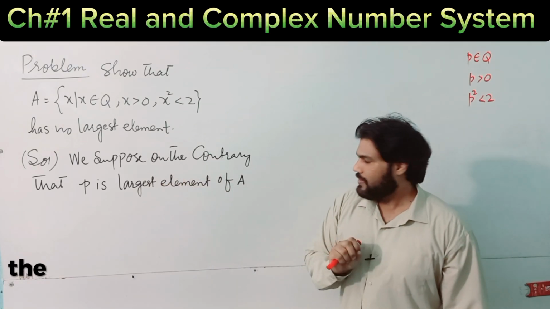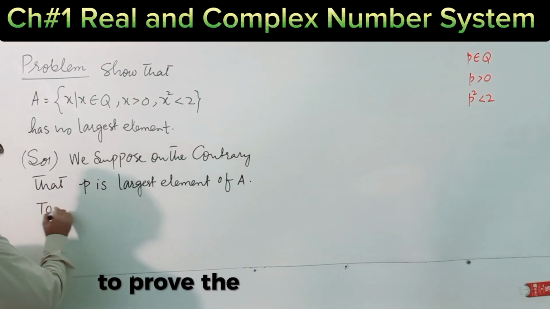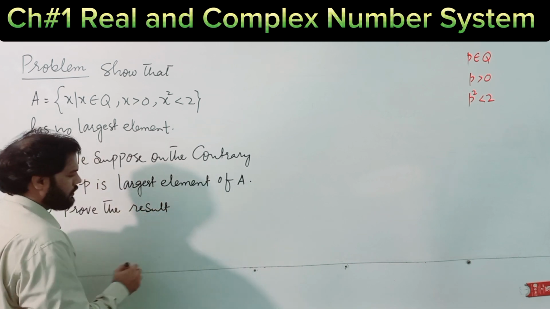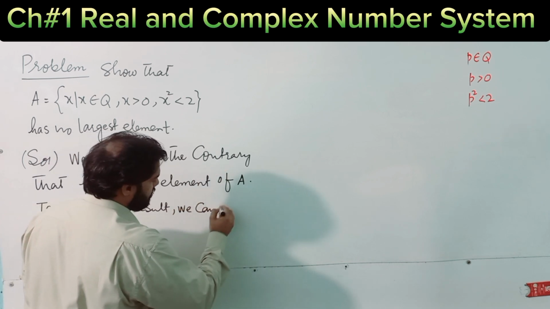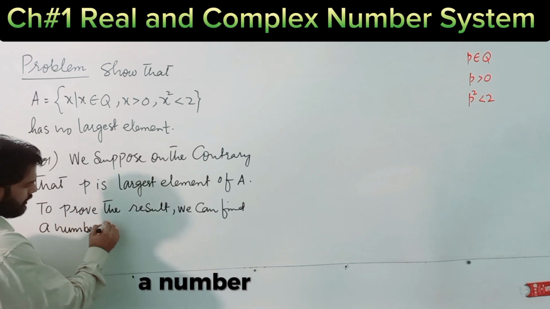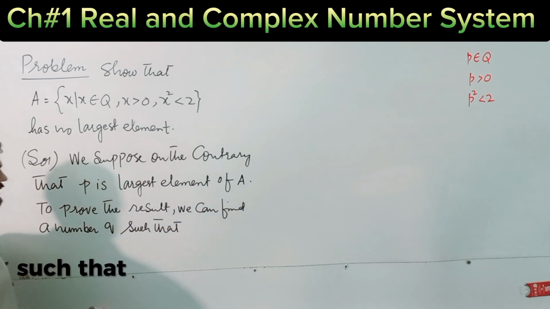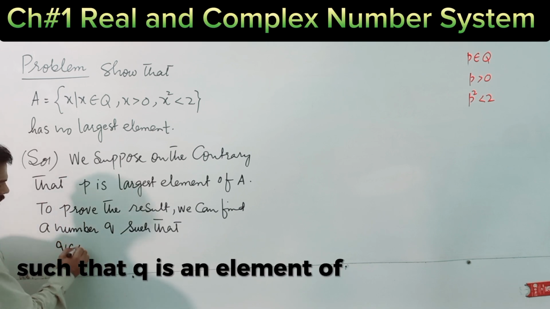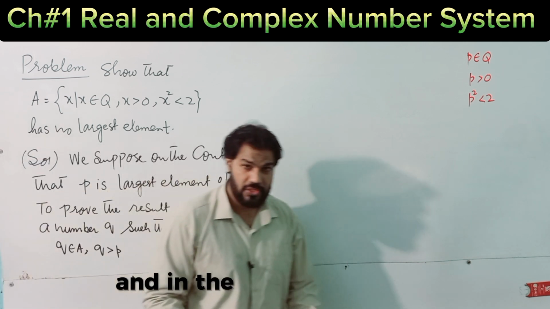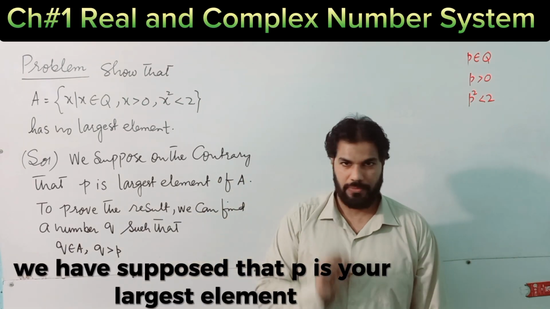We suppose, on the contrary, that P is the largest element of A. To prove the result, we can find a number Q such that Q is an element of the set A also, and Q is greater than P. In this part, we have supposed that P is the largest element.